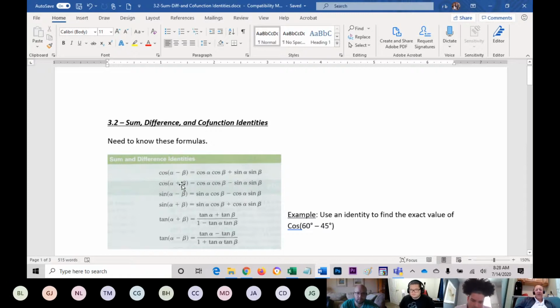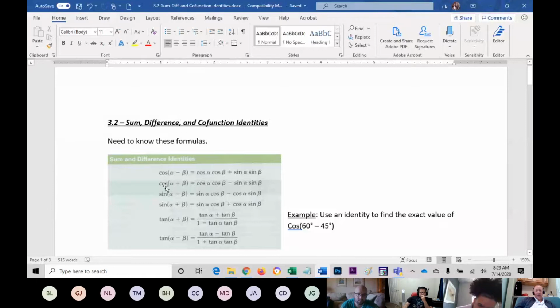Now, quick things to remember. If you get a minus, it turns into a plus. If you have a plus, it turns into a minus. Okay, we're talking about the cosine here. So that's kind of your way to remember. You can think of it kind of as cosine: you could distribute your cosine to alpha and beta, you swap the sign to be a plus, and then you do the sine of alpha and beta.